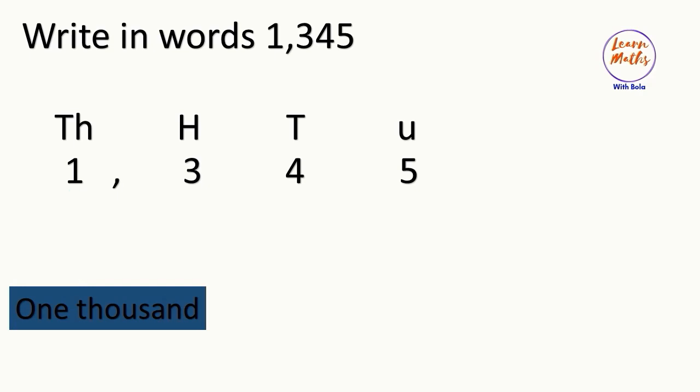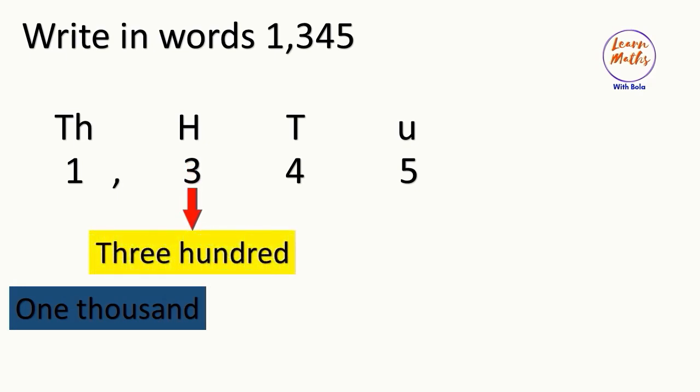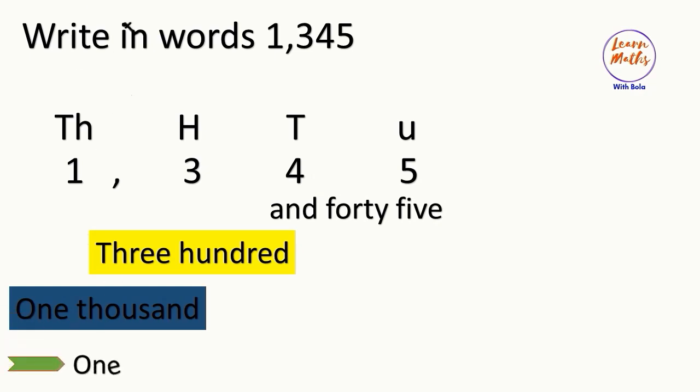Then we go to the next one, which is 3, and the position of 3 is hundreds. So we write it as 300. But the last two numbers are not written individually as 4 tens or 5 units. What we do is to write it as 45. What will you call 45, if you are reading numbers? That is 45. So we have 1,345.